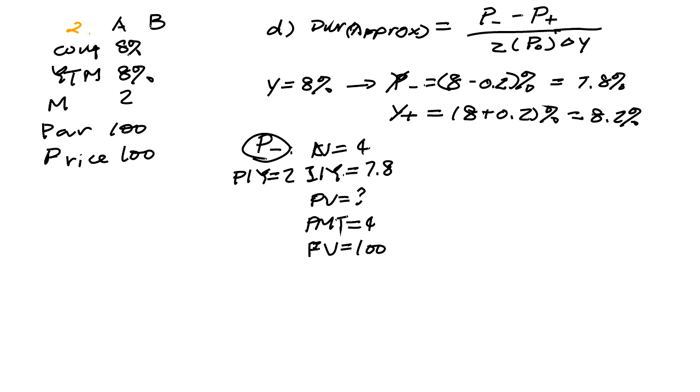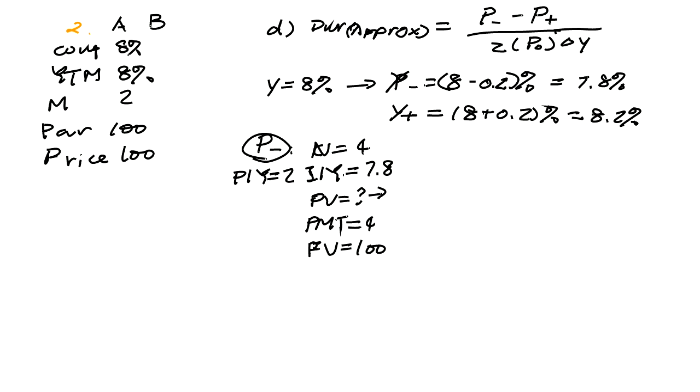So the PV is going to be equal to, let's see. For N, 4; I/Y 7.8; payment 4; and 100 is FV. Compute present value.